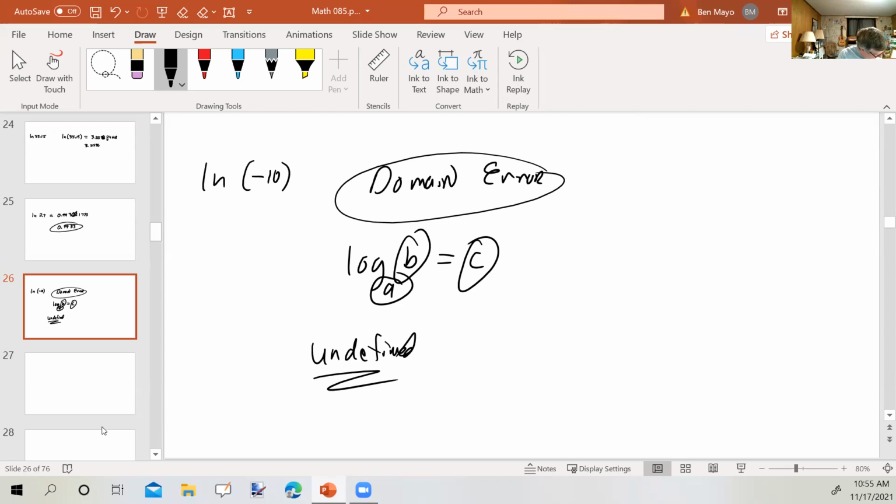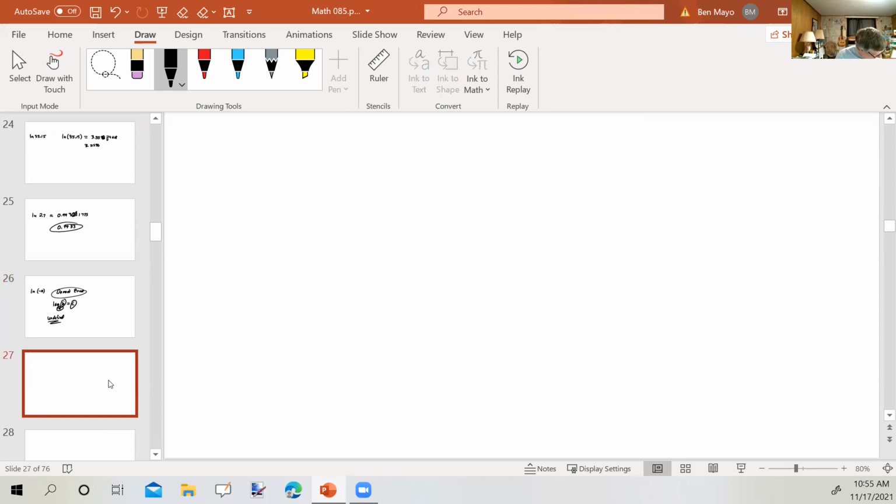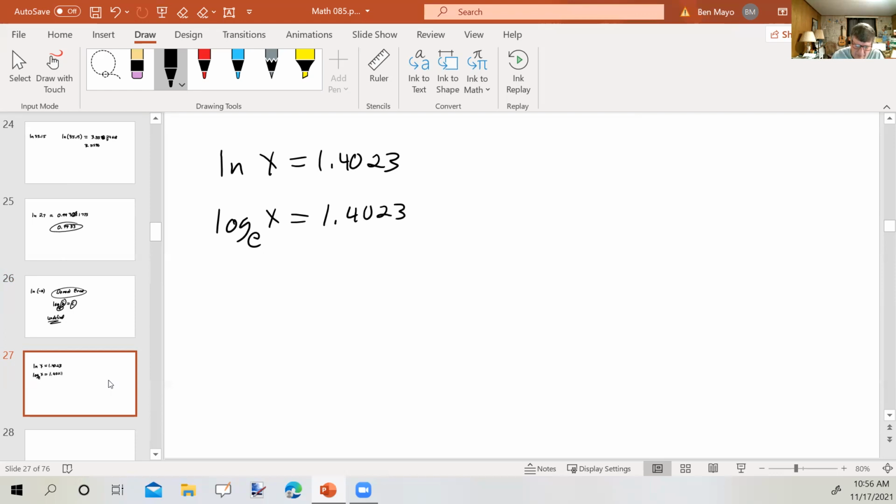All right, now, solve each equation, express all answers to 4 decimal places. The natural log of x equals 1.4023. Recall, natural log is log base e. So this is log base e of x equals 1.4023.